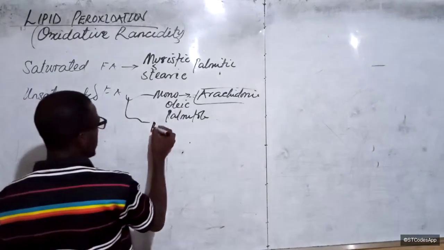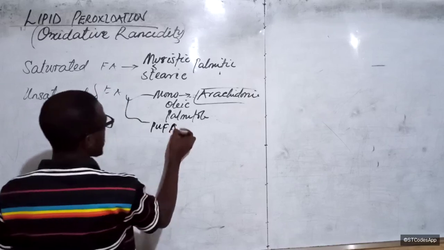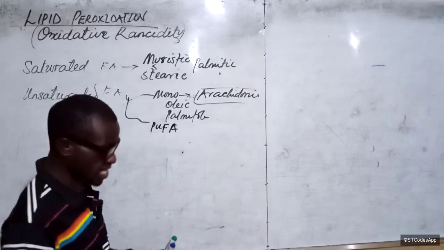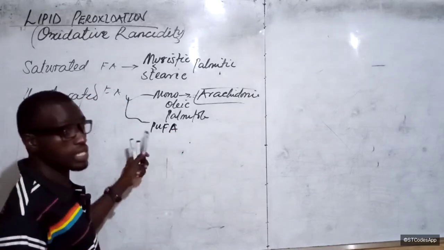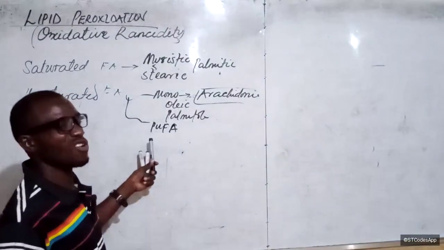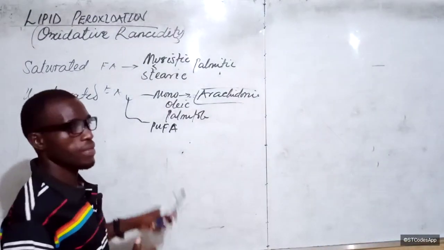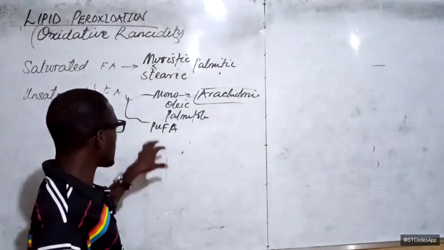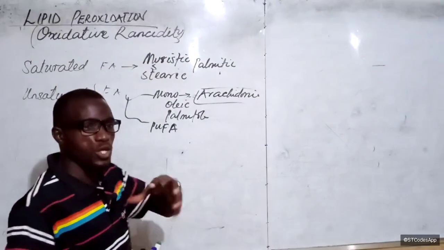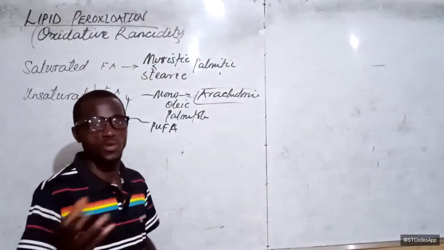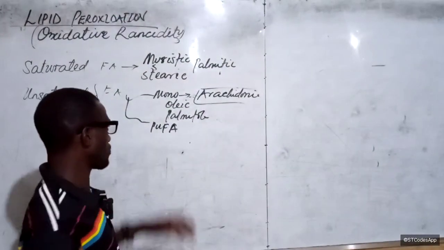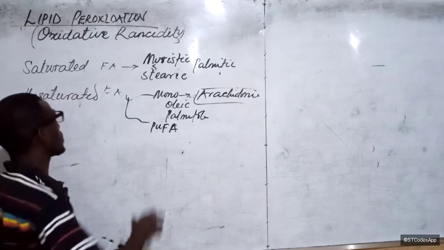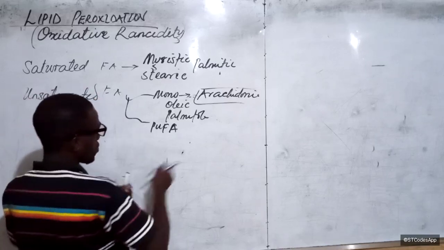But for the PUFAs, the polyunsaturated fatty acids, these are very healthy. They are good for our health, unlike the saturated fatty acids, because they are polyunsaturated, meaning that they contain many double bonds.